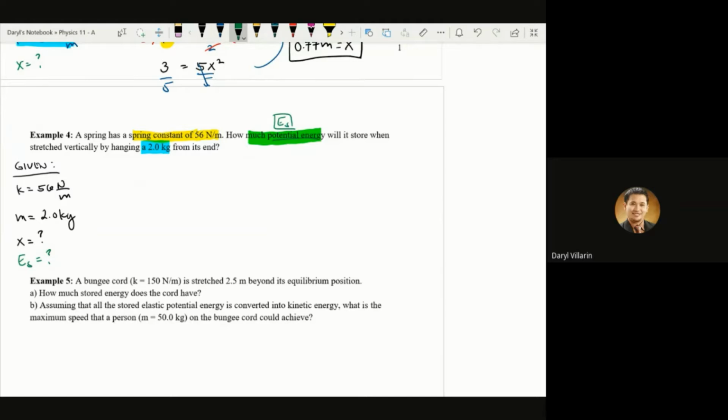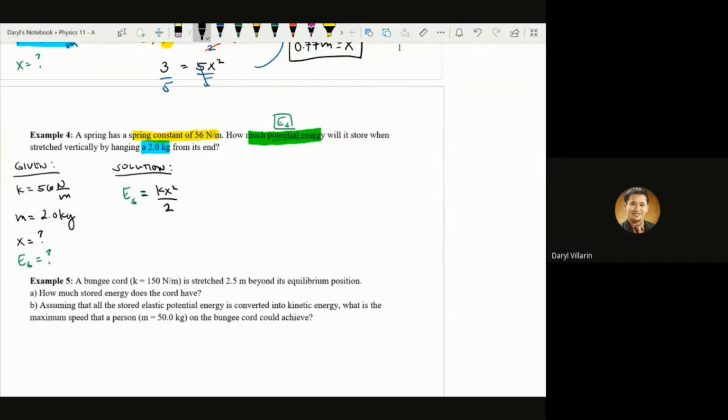You have two unknowns. Well, let's try to see, since we want to solve for E sub S. So I'm gonna start with that equation. E sub S is equal to kx squared over 2.